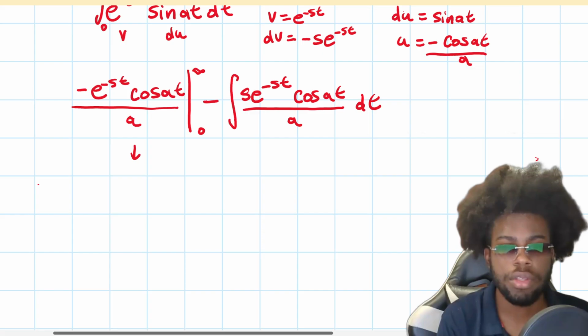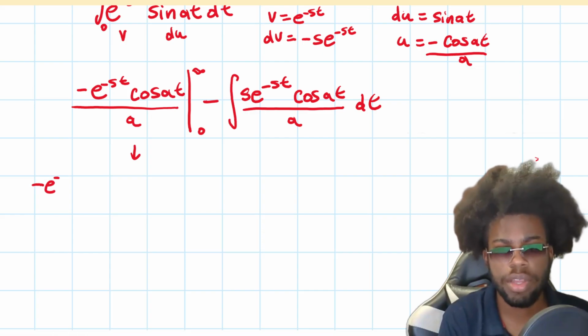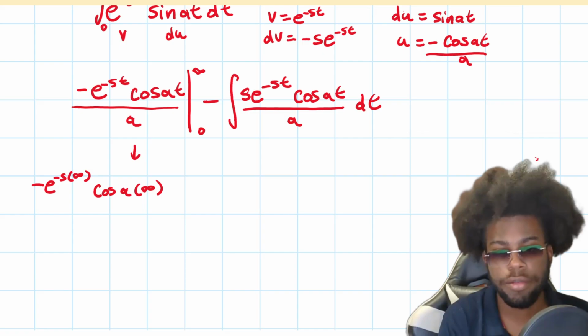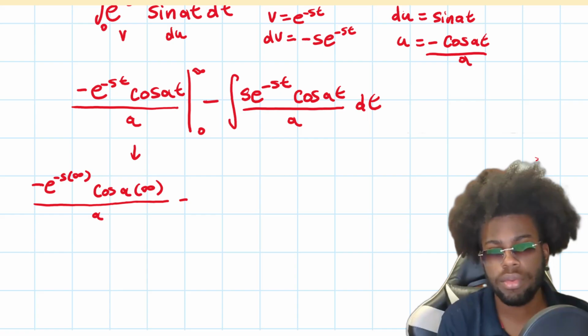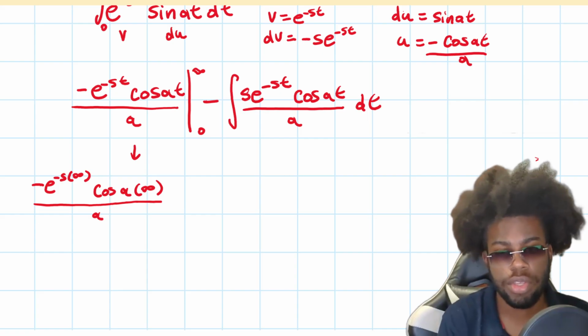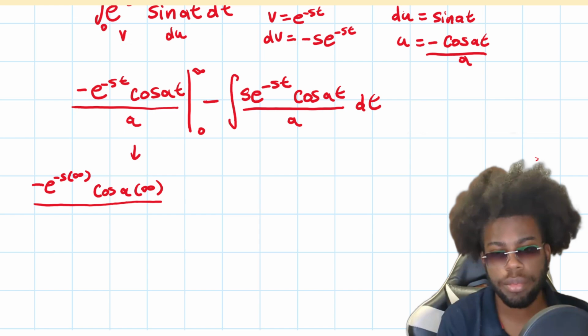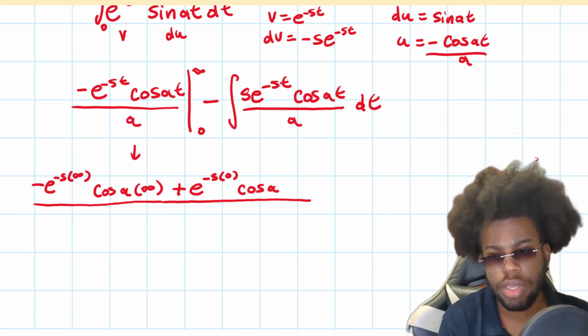So before we go any further, let's fill in the limits for this one. This is going to give us e to the minus s infinity cos a infinity over a, minus, well, since it's all over the same denominator, we can just make it longer, minus or plus e to the minus s 0 cos a 0 all over a.